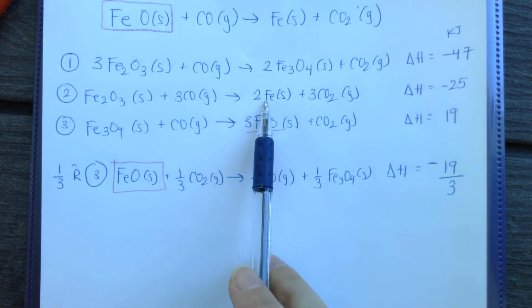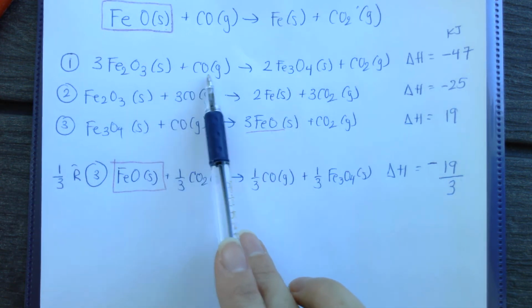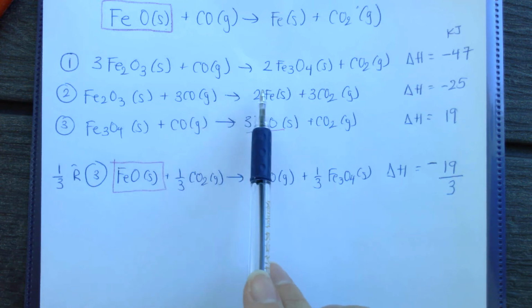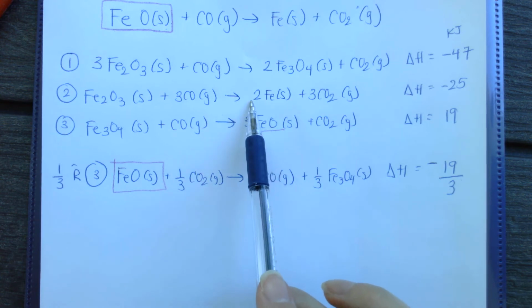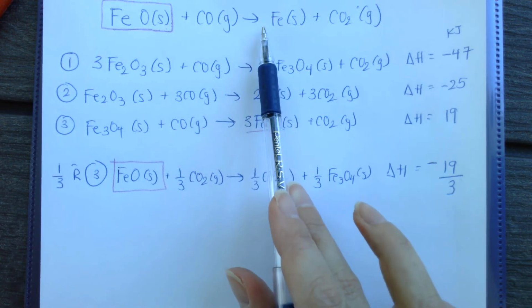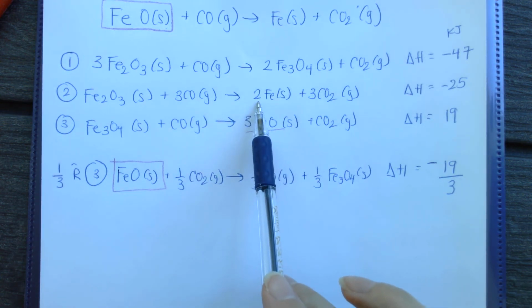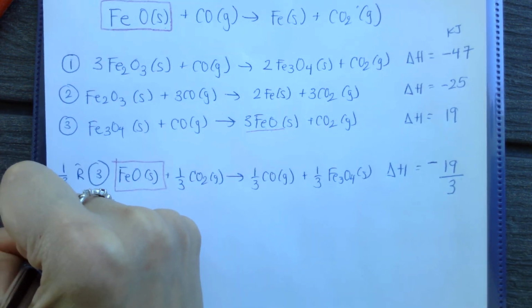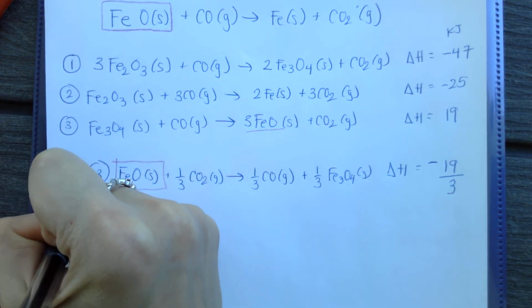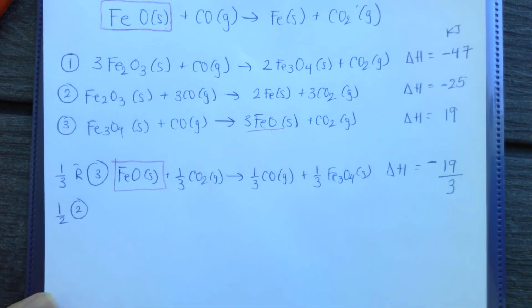I do notice that iron, we have compounds here. We've already used this one. This one is the only one that has iron. So it's already on the correct side, but I need to turn this 2 into a 1. So I'm going to need to multiply this by 1/2. So we're going to do 1/2 of reaction number 2.